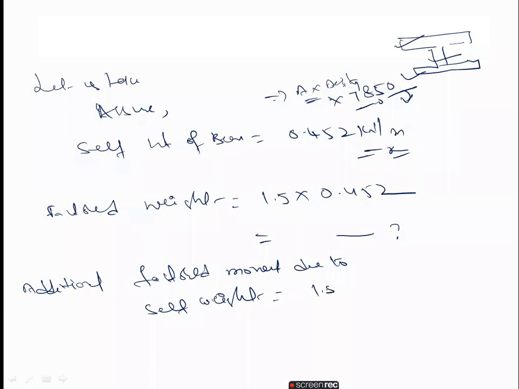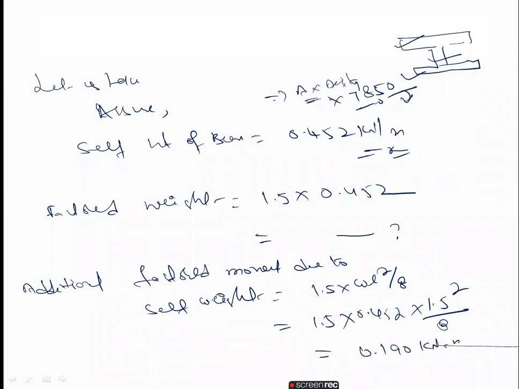That is nothing but 1.5 into W L square by 8. 1.5 into W, which we got as 0.452, into L, the effective length of the span of the beam, squared, by 8. So you will get here 0.190 kilonewton meter. This is the additional factored moment due to the self weight.